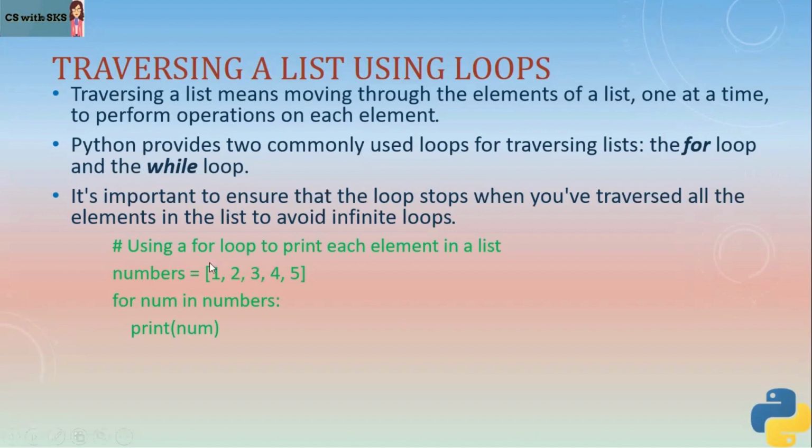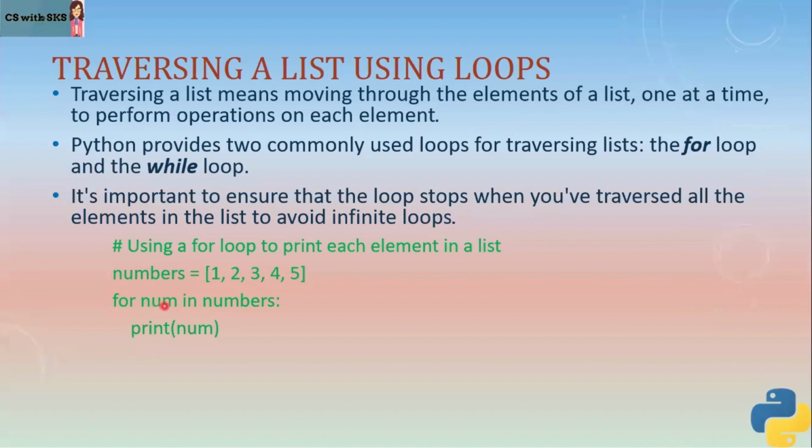Let's see one example using for loop. So let's say we have a list where we have 1, 2, 3, 4, 5 as elements. So if I want to traverse it, I can simply write for num. Num is a variable. You can take any variable name. So for num in numbers. So here in operator is used, right? So it helps in traversing using loops.